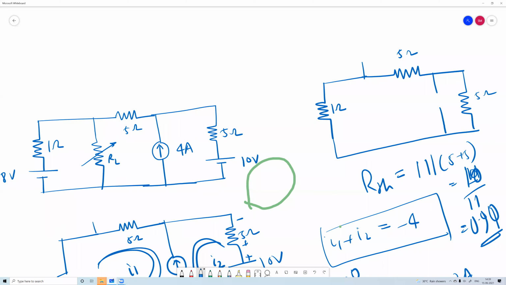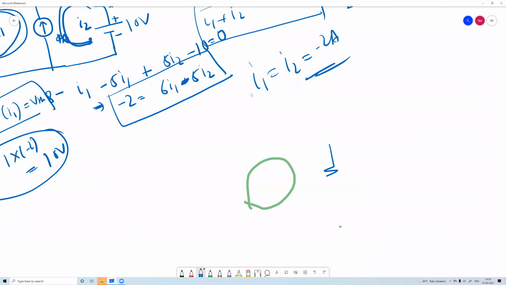Okay, so our Thevenin circuit is done. This is 10 volt. Clearly, by our maximum power transfer theorem, RL should also be 0.91 ohms.